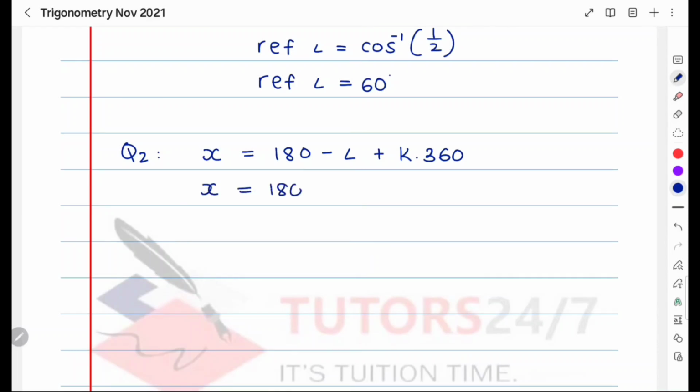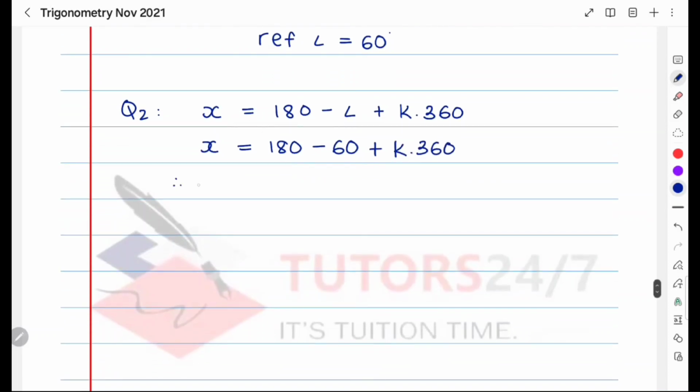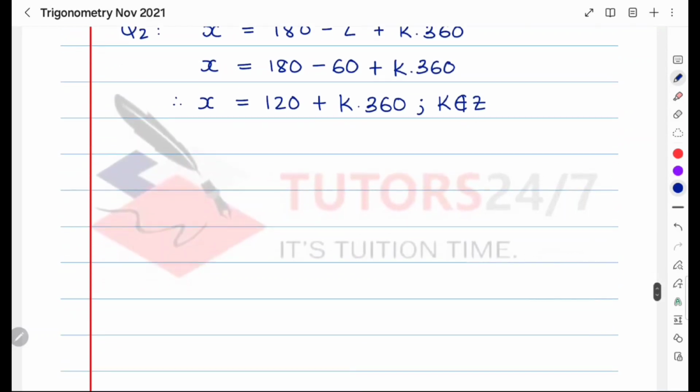So it is going to be 180 minus 60 plus k times 360. And we therefore have the solution in quadrant 2 as equal to 120 plus k times 360, where k is an element of integers. That is our first solution in quadrant 2.